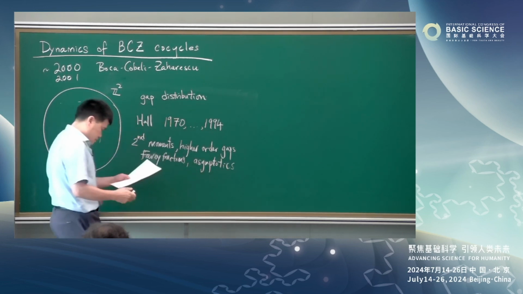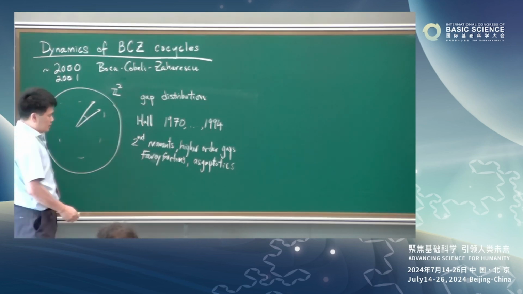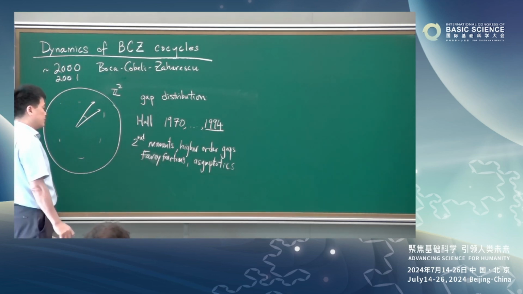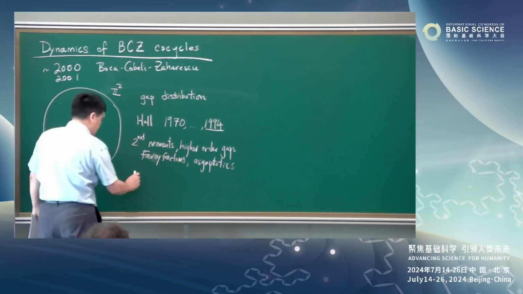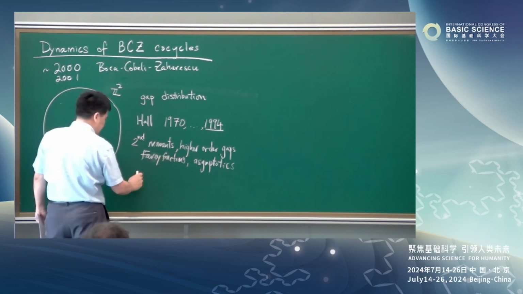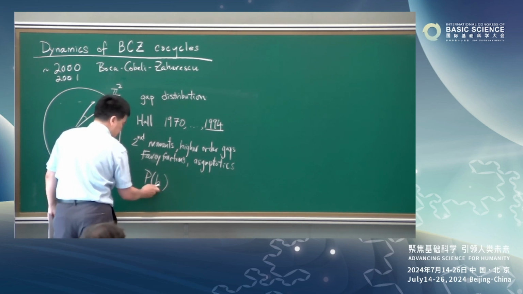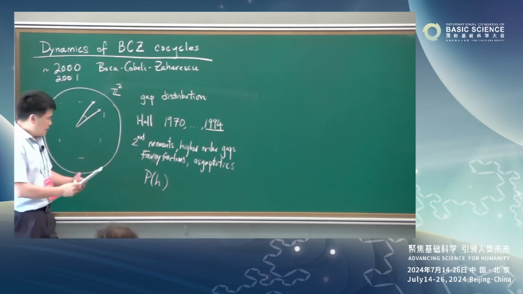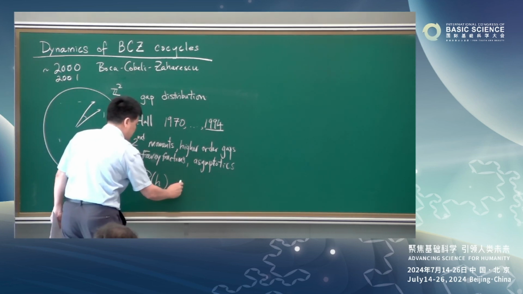So he conjectured in a paper in 1994 that the asymptotics involves a polynomial in the order, the higher order gaps h. And this polynomial has coefficients.